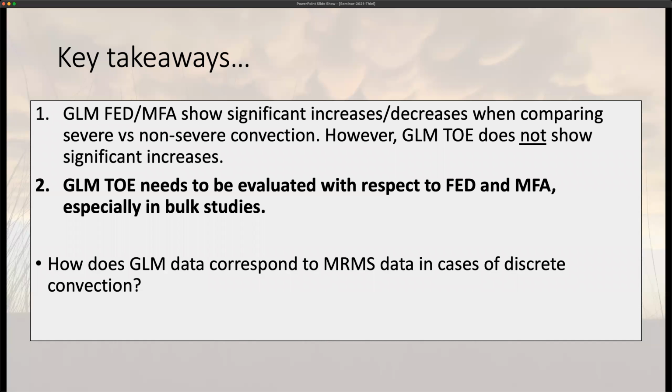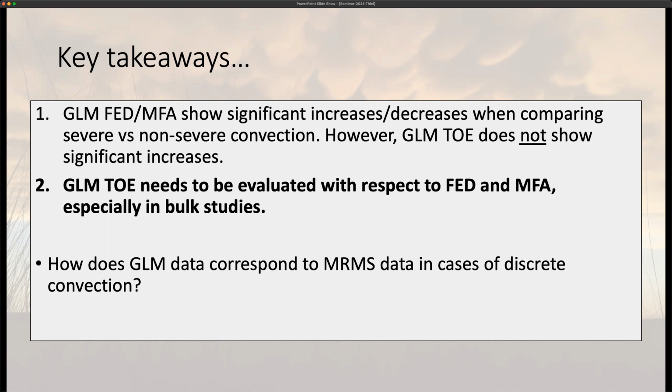So our second key takeaway for now is that we don't have anything definitive from the bulk study, but that the total optical energy should be evaluated with respect to the flash extent density and the minimum flash area.